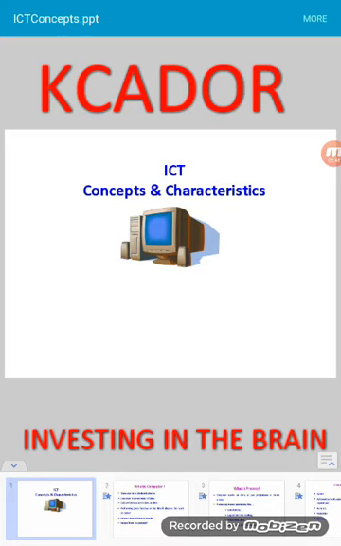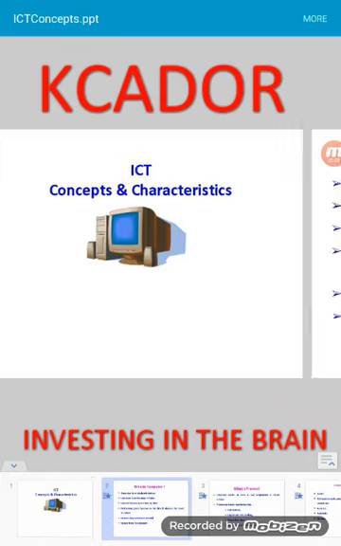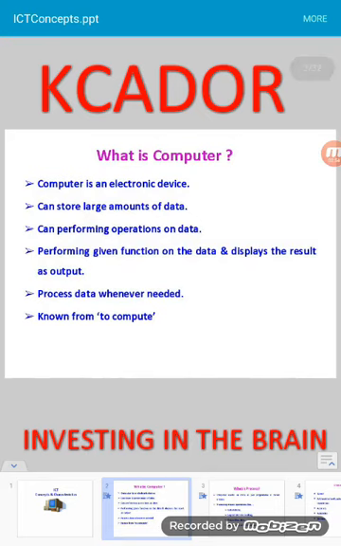Now let's have an overview of ICT concepts and characteristics. The first thing here is, what is a computer? A computer is an electronic device that can store large amounts of data and can perform operations on data, performing given functions on the data and displaying the result as output.